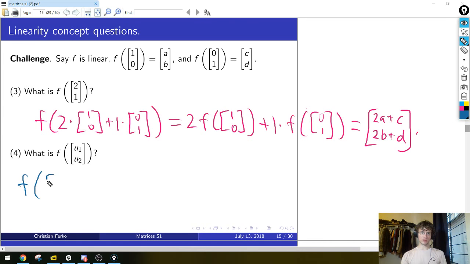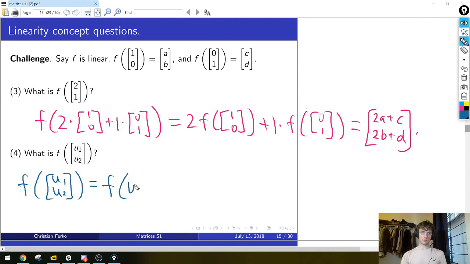Now watch this. So f of u1, u2, we do the same thing you just told me for question 3. You simply take the first component and multiply that by 1, 0. Here the first component is u1.